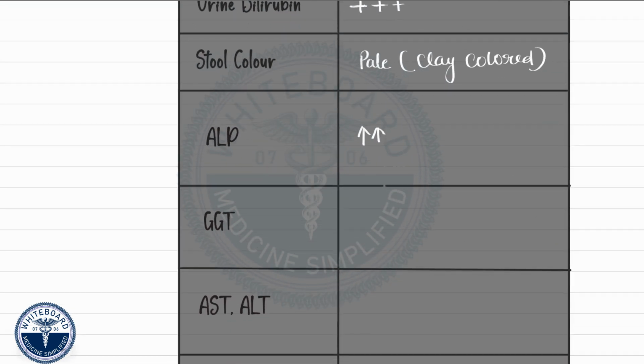The markers of biliary obstruction, such as ALP, are markedly elevated. ALP is an enzyme present in the cells lining the bile ducts, and obstruction increases the synthesis and release of this enzyme into the blood. So ALP levels rise significantly. GGT is also markedly elevated since GGT is highly concentrated in the biliary system, so its levels also increase.